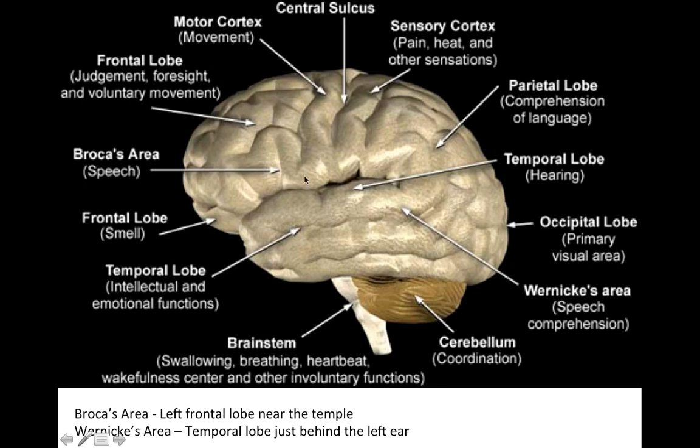Our ability to comprehend speech, on the other hand, is believed to take place somewhere between the temporal lobe and the parietal lobe in an area called Wernicke's area. It is located just behind the left ear.